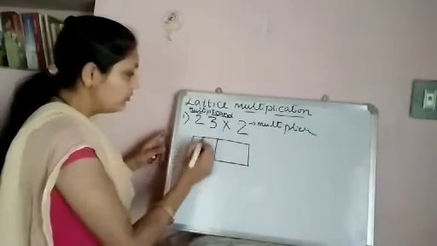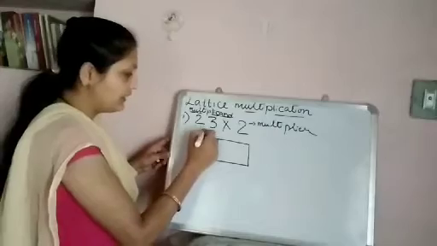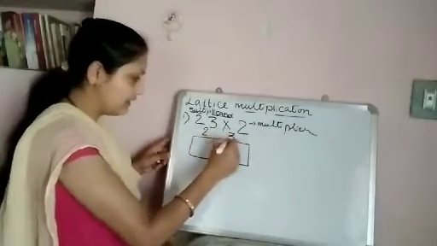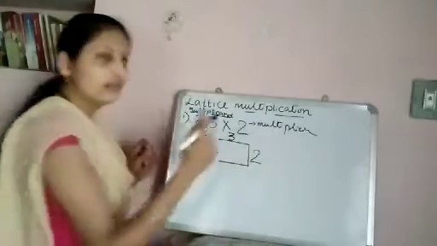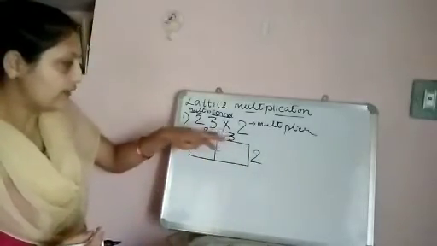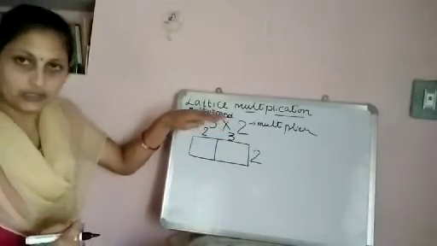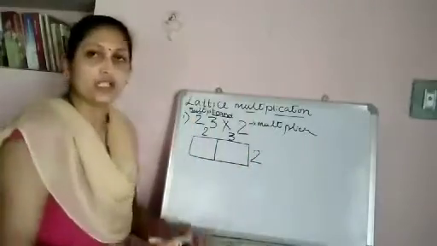So now place the numbers. This multiplicand should be written here, 2 and 3, 23. And this 2 will be taken in front of the row. So 23 will be taken above the columns and 2 will be taken in front of the row.